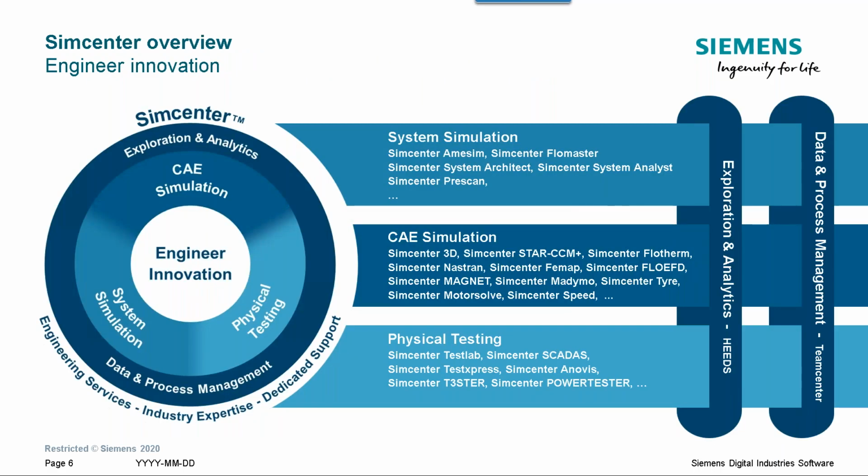So this slide gives you an overview of Simcenter. Simcenter has a broad portfolio of CAE simulation tools between 3D system simulation, 1D system simulation, 3D simulations, and physical testing that correlate back to our simulation tools. All of this can be run in a Simcenter data managed environment, as well as doing a multi-physics optimization through our huge product line.